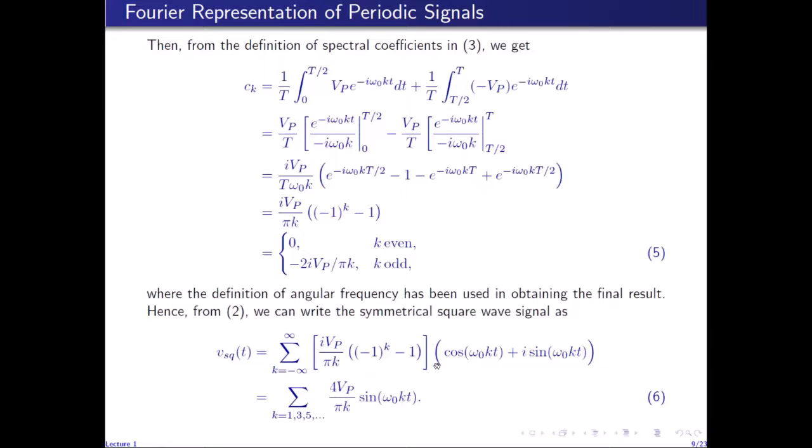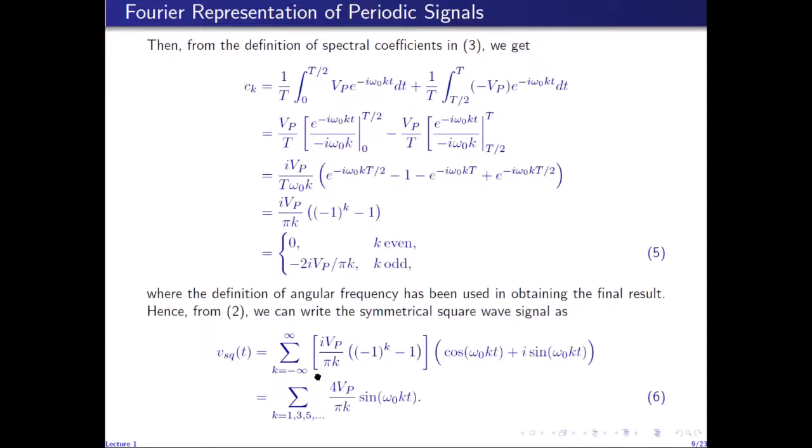So cosine terms will have no contribution. Similarly, the coefficient of the sine term at positive values of k will have the same value and same sign as the coefficient of the sine term at negative values of k.